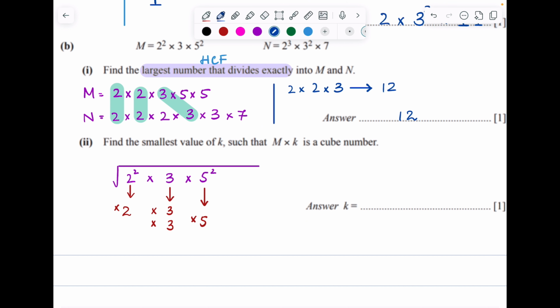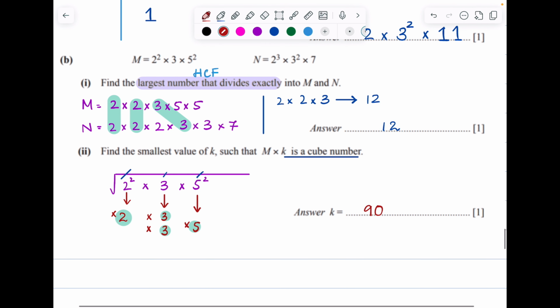Only then can I cancel out the cube, because this then will become 2 cube, this will then become 3 cube, and then this will become 5 cube. Together, all the new numbers that you multiply, 2, 3, 3 and 5, you're going to multiply them together to get the value of k, and we'll also check. 2 times 3 times 3 times 5 is 90. So the value of k is 90.